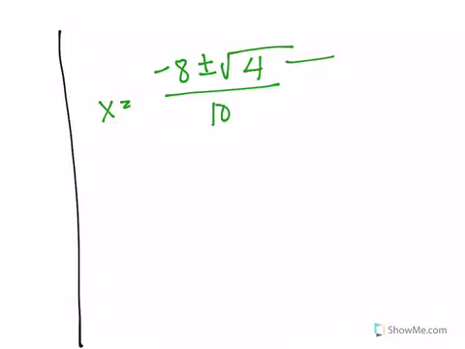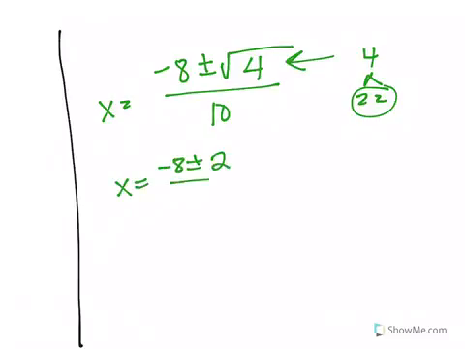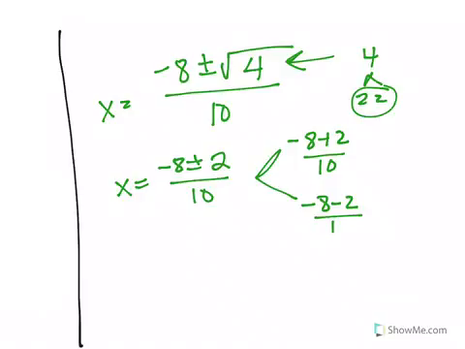This one's even easier because when we factor 4, that's pretty simple. The square root of 4 is 2, we get rid of the square root sign again, so we get x equals negative 8 plus or minus 2 divided by 10. Remember, this is 2 different answers. We've got negative 8 plus 2 over 10 and negative 8 minus 2 over 10.